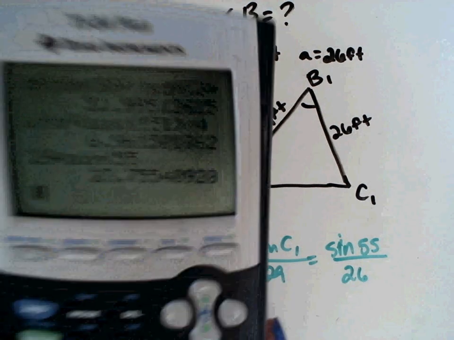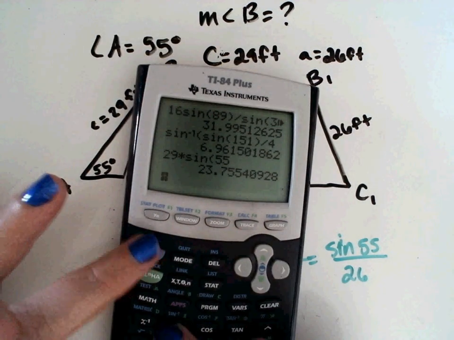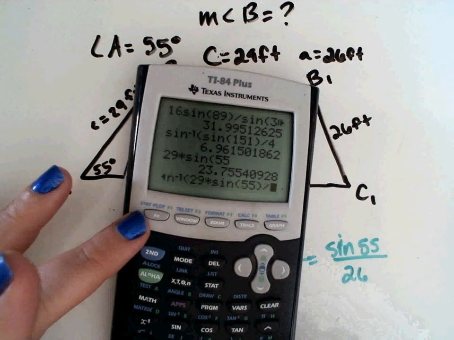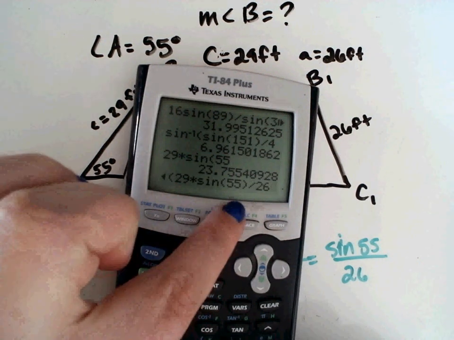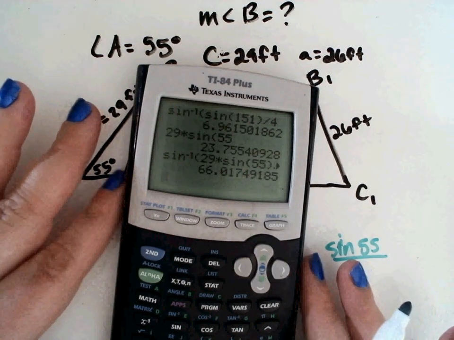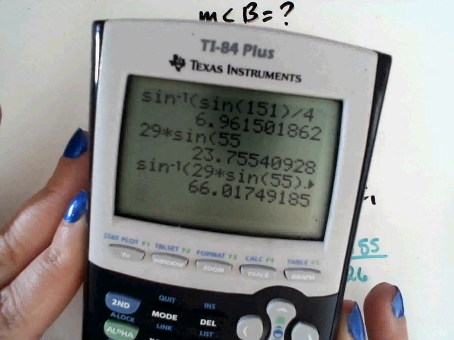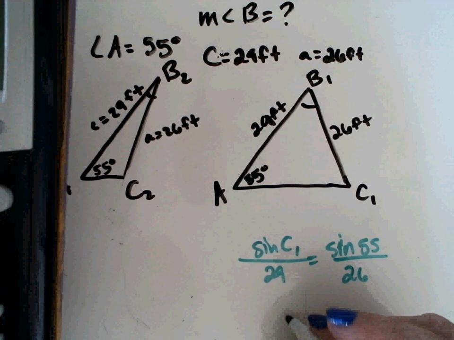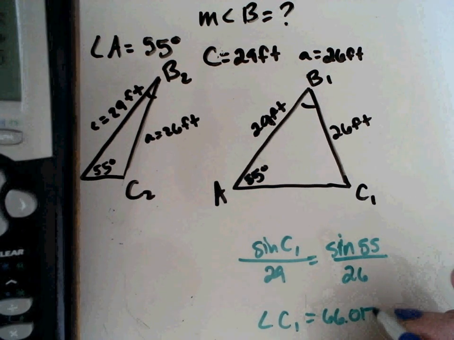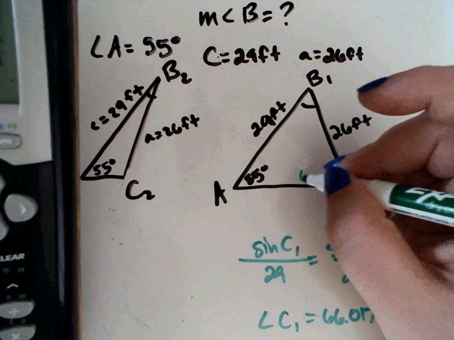So I'm going to multiply by 29 and take a sine inverse. So sine inverse of 29 times sine of 55 divided by 26. Make sure you close your parentheses after your sine, okay? And I get 66.017. So angle C1 is 66.017.